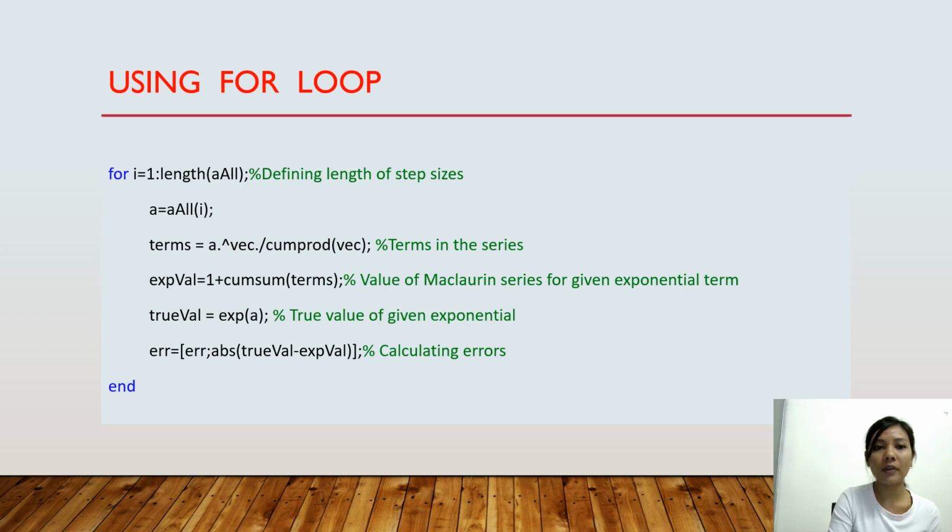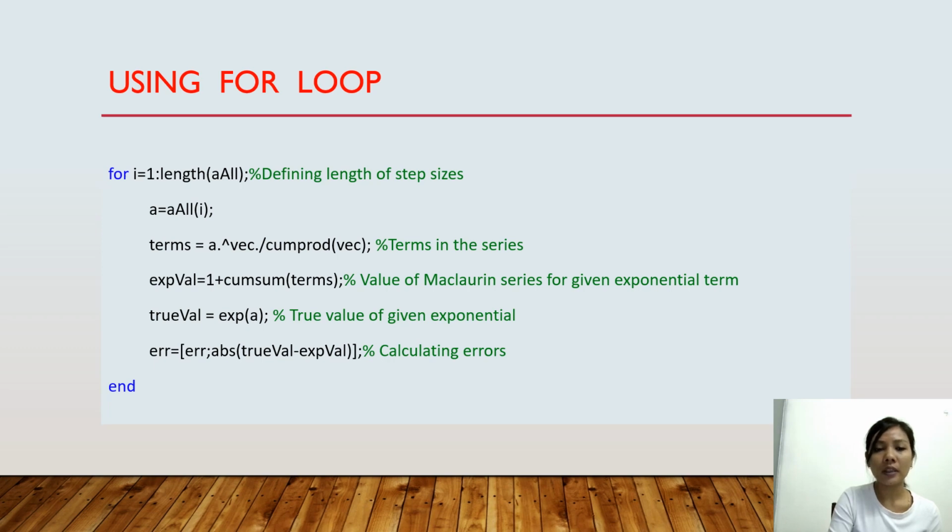So here a to the power n means we take a to the caret of the vector that we have defined earlier, divided by the factorial. The factorial is calculated by using the MATLAB command cumprod. So here we use dot slash, because we need element-to-element division. So these are the terms that appear in the series.